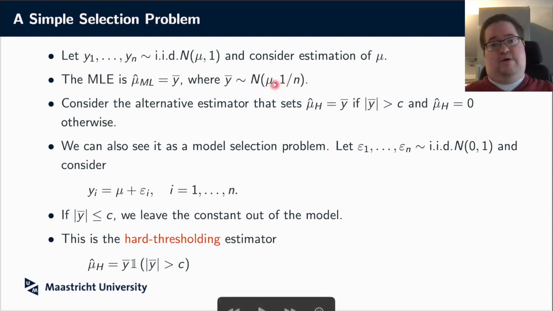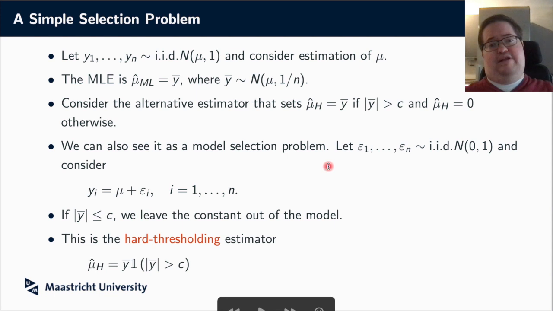Now, we're going to consider an alternative estimator rather than just the sample mean, and that estimator is going to be a model selection kind of estimator where we say we're only going to use the sample mean if it's large enough. So if the absolute value of the sample mean is larger than the number c. If not, we're going to set the estimator equal to 0.